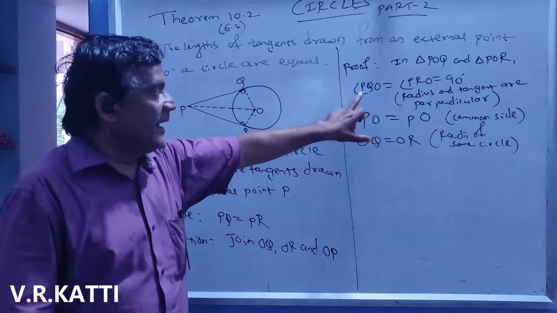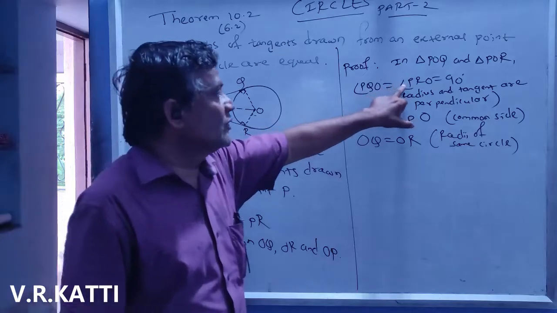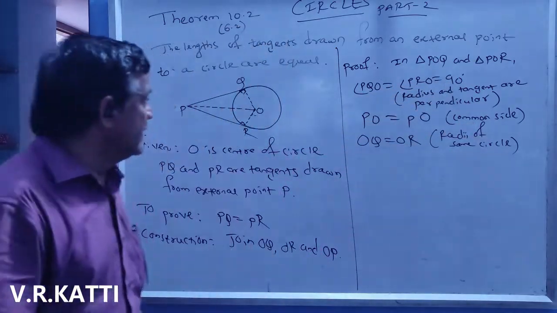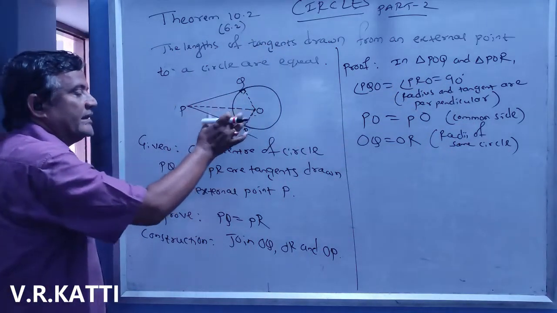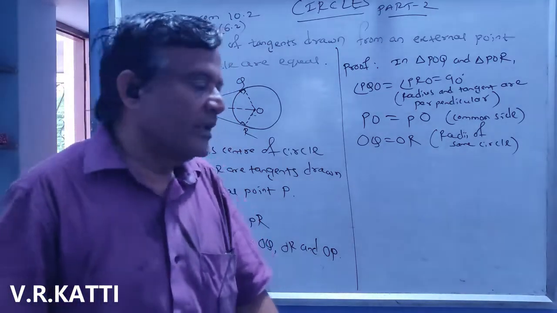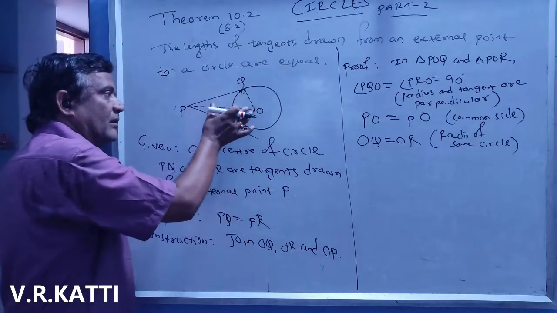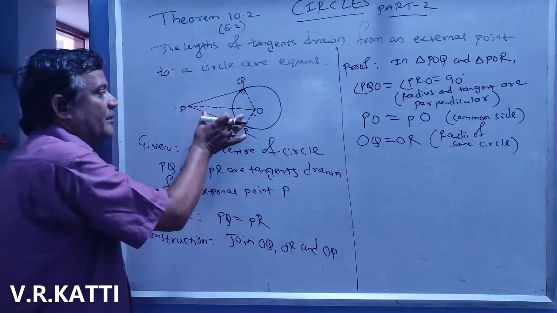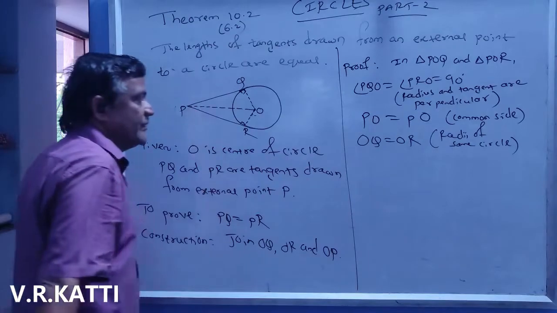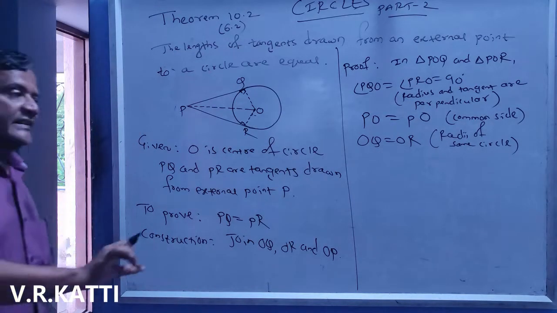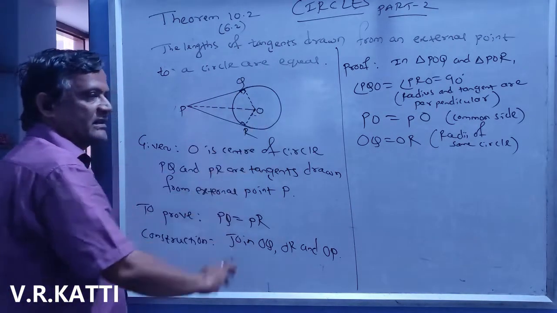So this is a right angle. Angle PQO equals angle PRO, right angle. The side opposite the right angle is the hypotenuse, so OP is the hypotenuse. Hypotenuse equals hypotenuse. OQ and OR are sides.